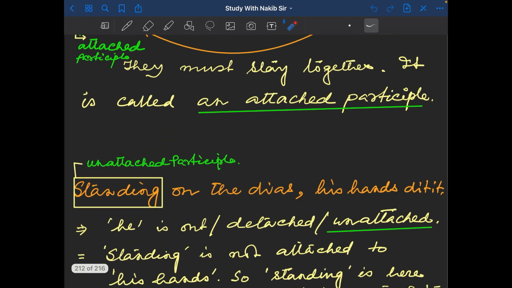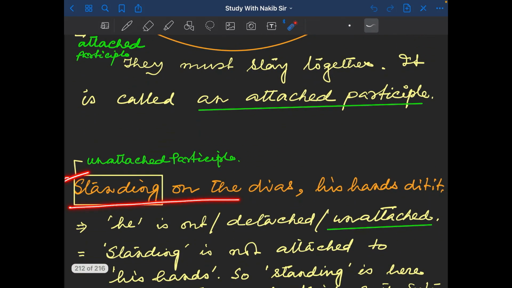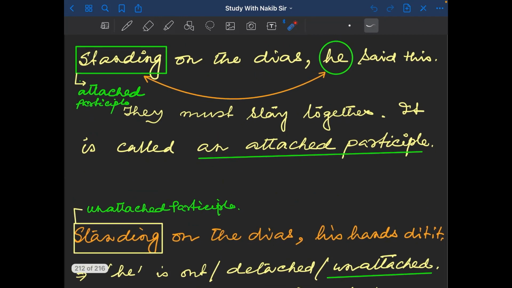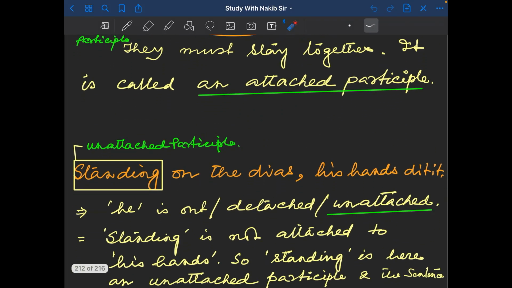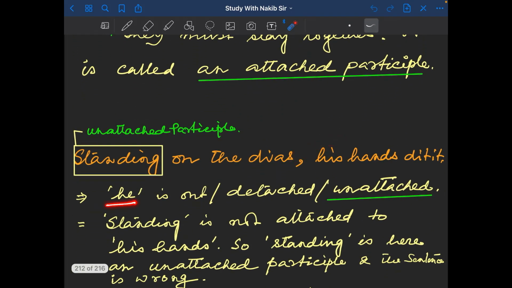Okay, and now see this sentence. Standing on the dais, his hands did this. Here, the "he" is out in this sentence. See, he is out, or he is detached or unattached. Standing is not attached to his hands.